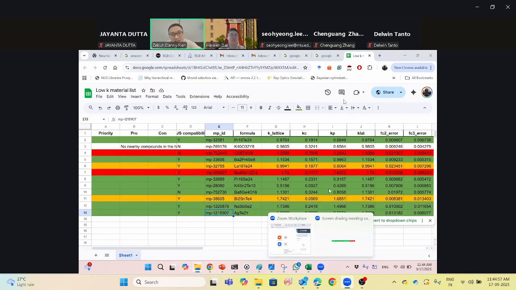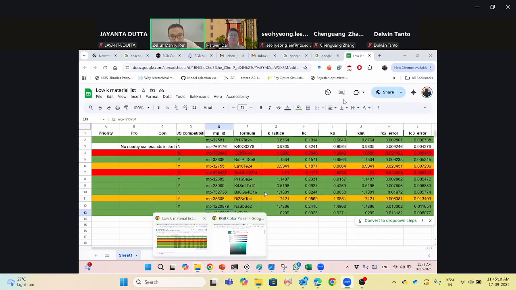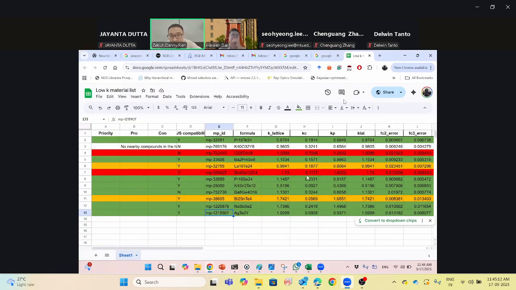And for the rest of the team who is on the call, if you see the link in the WhatsApp, can you check if you can access and edit this table? Should be okay, right? Yes, I can. Okay, cool. Just put in your input and also the columns.